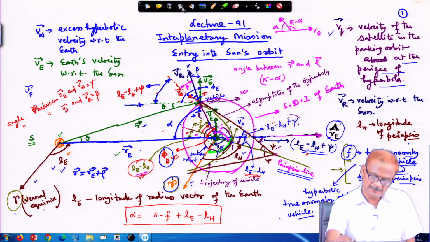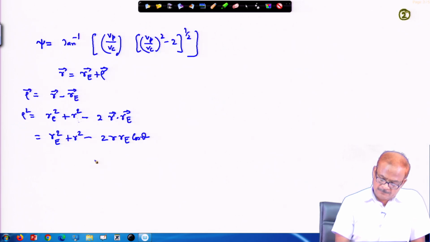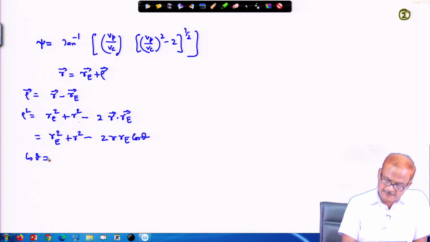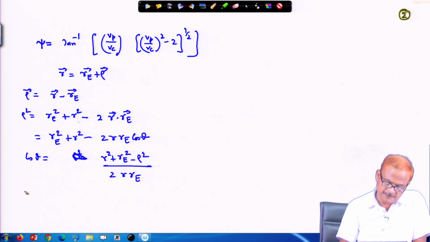Here theta is the angle between r and r e. And therefore, cos theta equals r square plus r e square minus rho square divided by 2 times r e r.